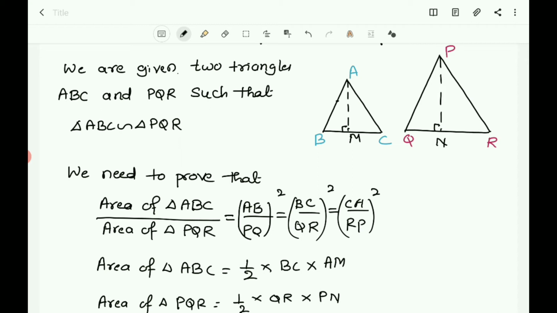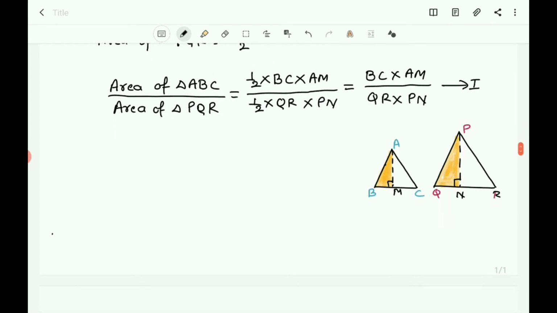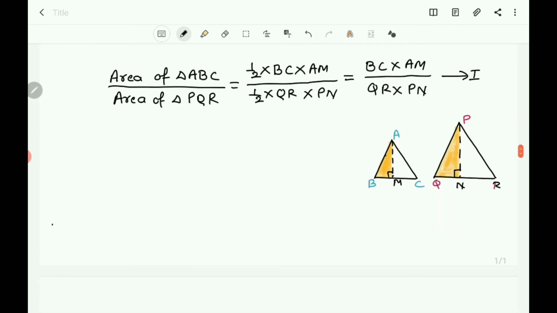Here you write, in triangle AMB and triangle PNQ, angle B is equal to angle Q. Why?